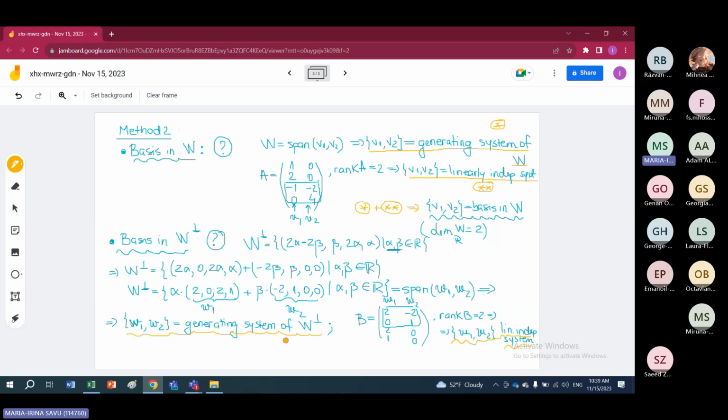And so you have that the set W1, W2 is a basis in this space.